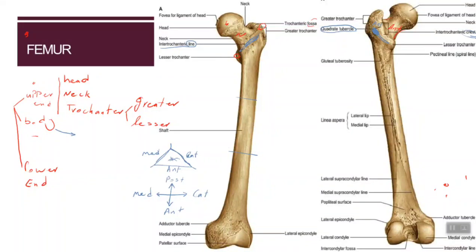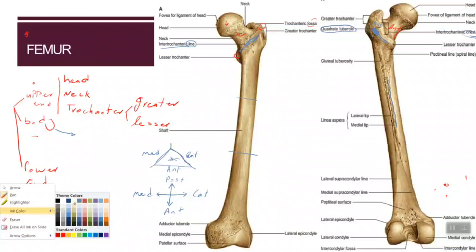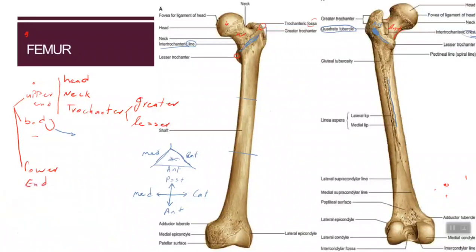You can see here, this one is one lip or one border, I detected here, and this is another lip here. It means that it has two lips, medial and lateral lips.